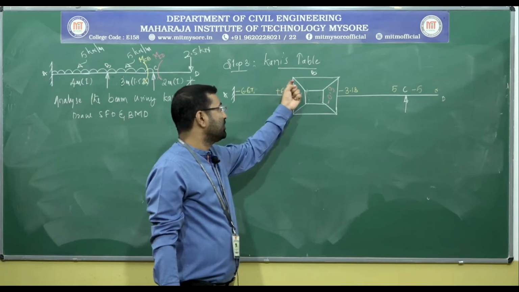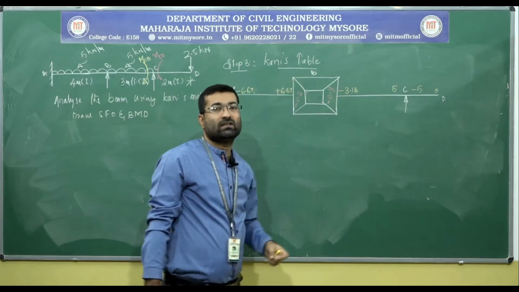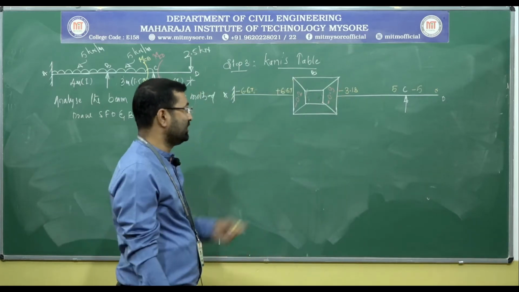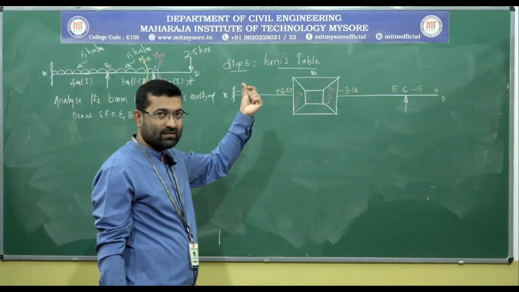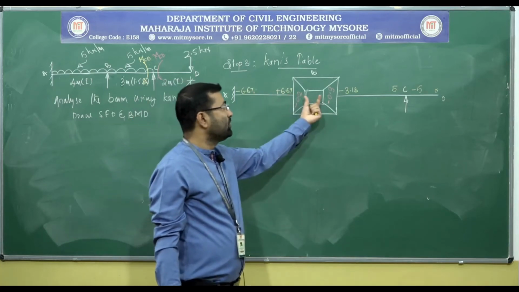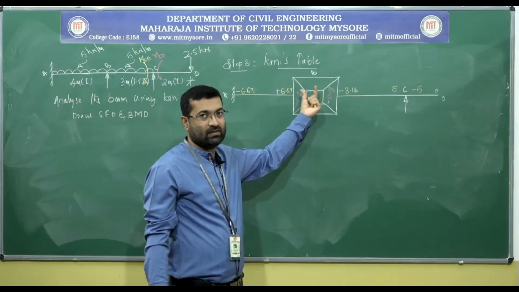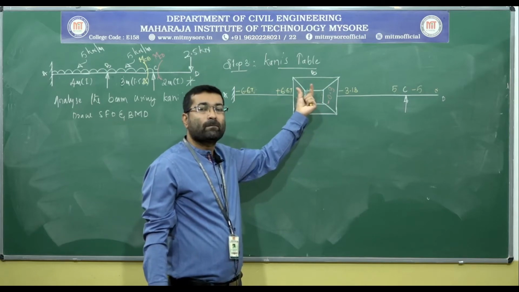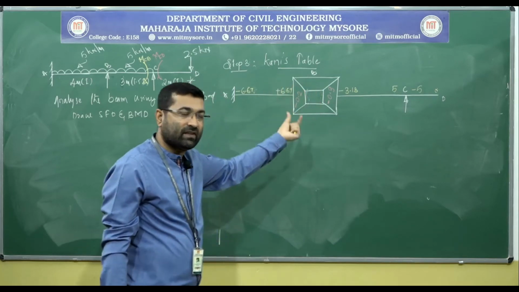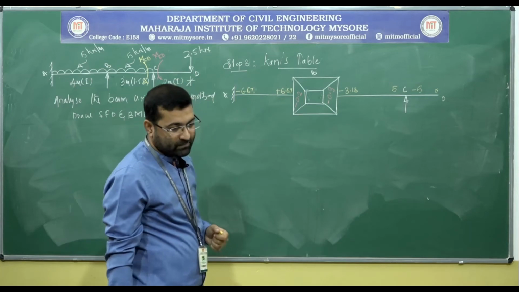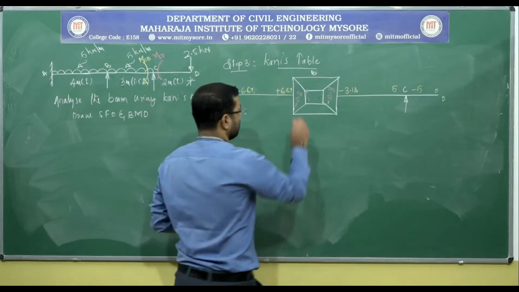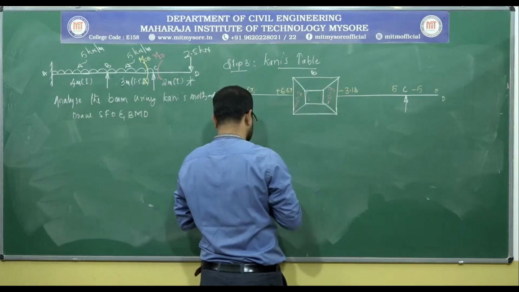This is 6.67 minus 3.13. If you add those two with signs, you will get the value which we need to write inside the bracket, that is the algebraic sum of fixed end moments, 3.54.